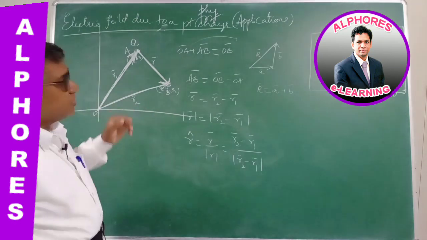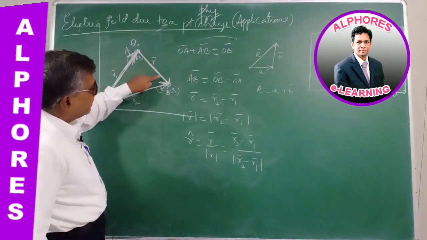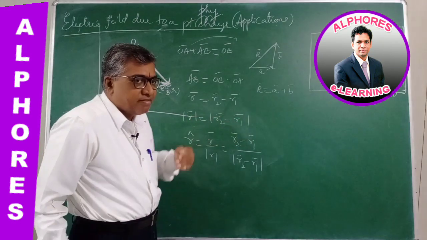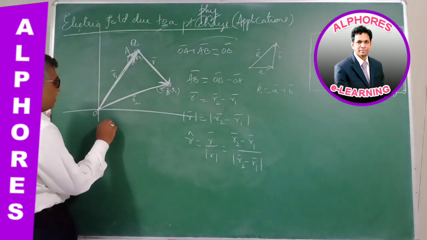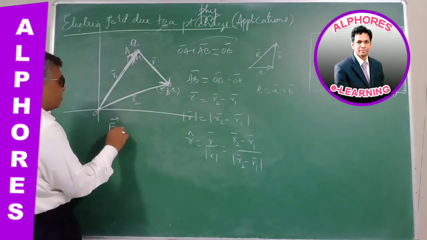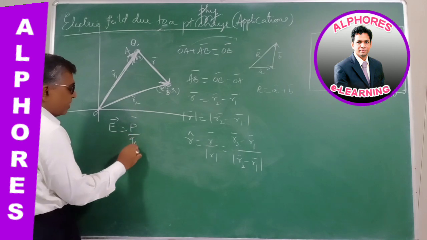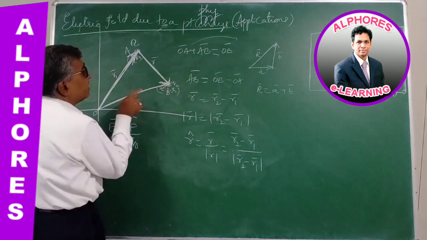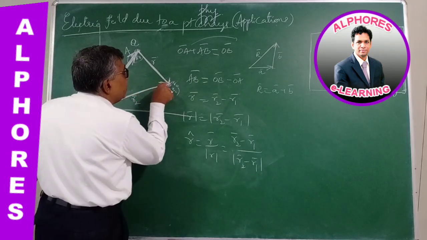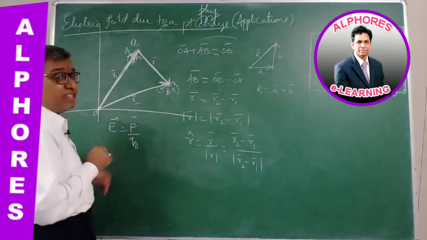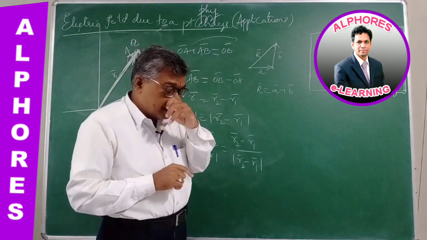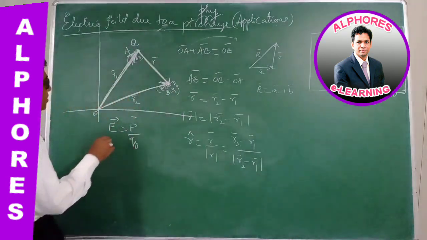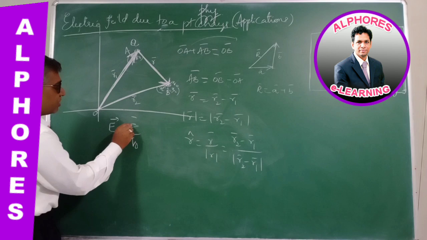Now we have got the radius vector R bar. Earlier I explained, according to the definition, E bar is equal to F bar by Q naught. If I imagine a unit positive test charge Q naught, then the force experienced by the unit positive test charge represents the electric field intensity at that point. So E bar is equal to F bar by Q naught.